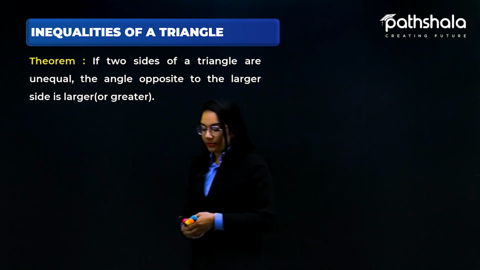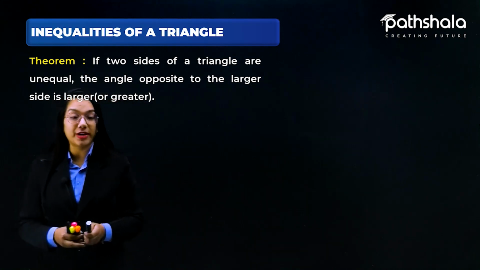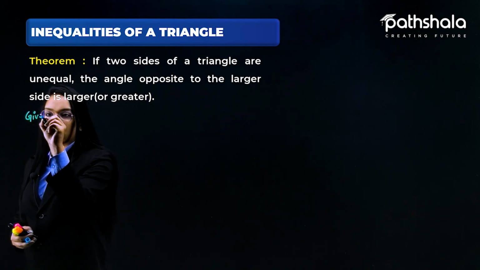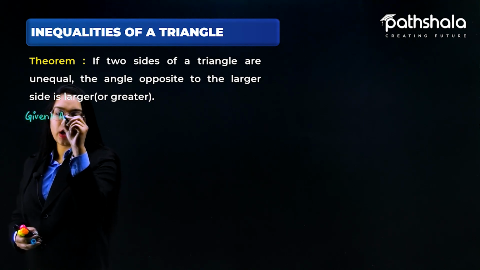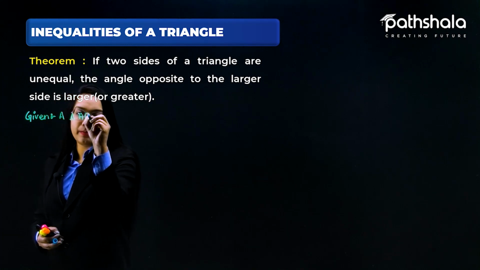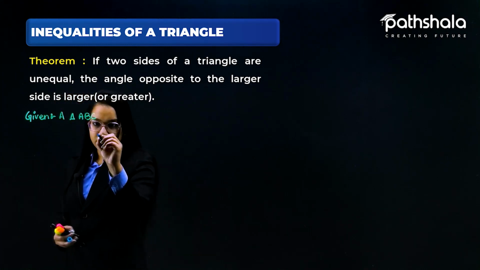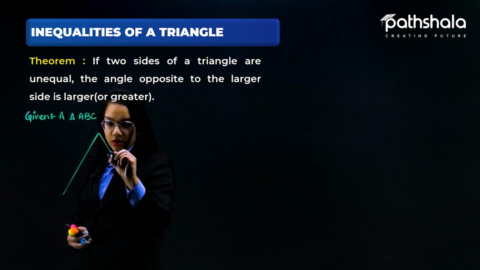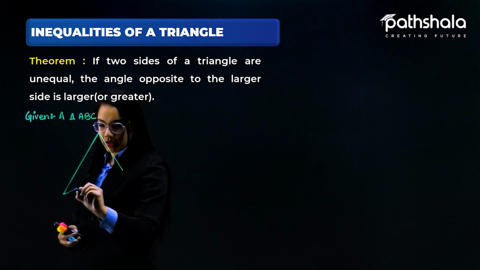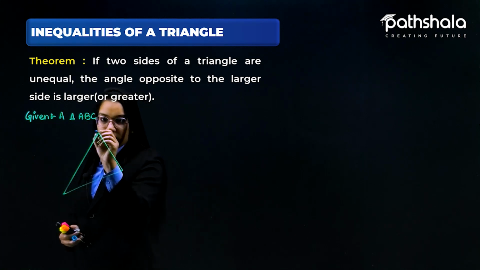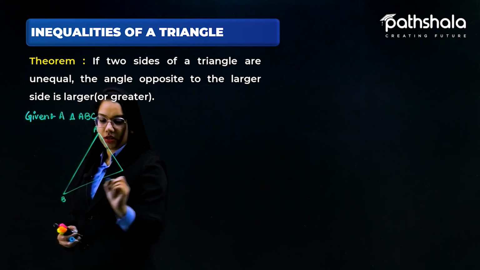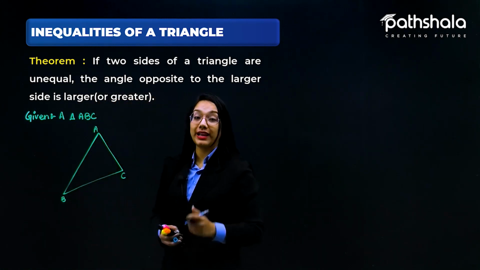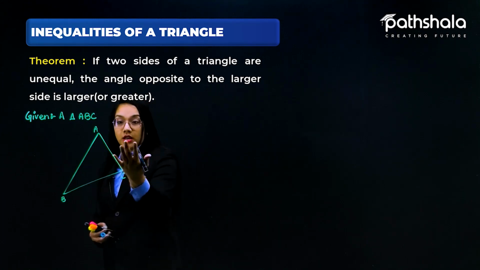Let us start the proof of this theorem by taking a triangle. Writing the given condition: we have a triangle ABC, drawn in this manner.